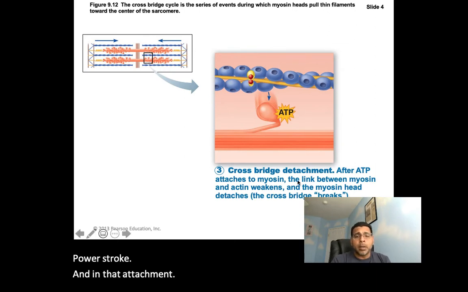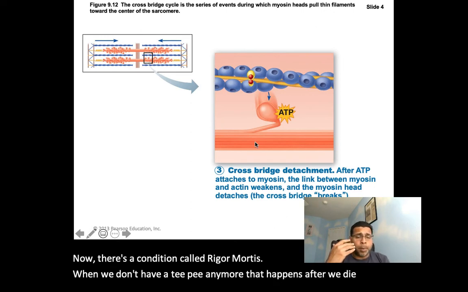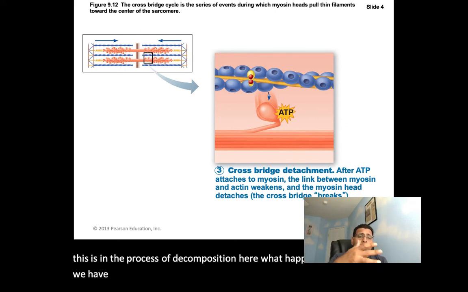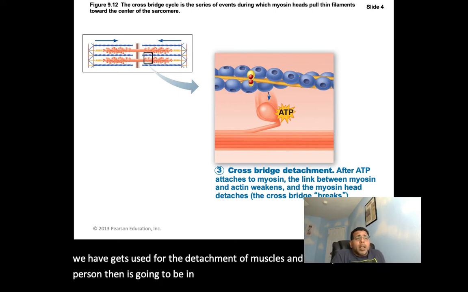Now there's a condition called rigor mortis, when we don't have ATP anymore, and that happens after we die, in the process of decomposition. The ATP that we have gets used for the detachment of muscles, but then we don't have that ATP for the detachment.